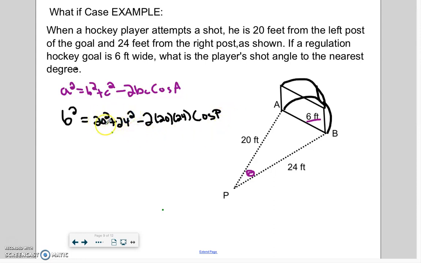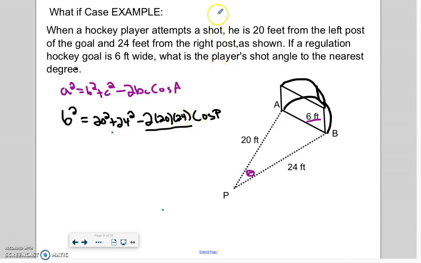Now, a couple of things we need to think about. We're going to take the 20 squared and the 24 squared, a set number that's been provided to us and that we can calculate. Then the 2 times 20 times 24 is your coefficient on your operator.